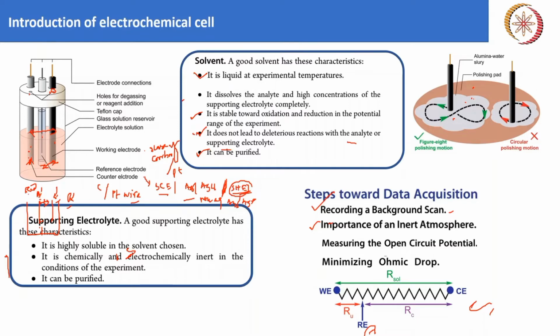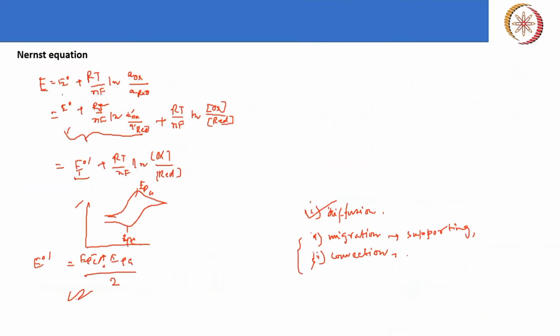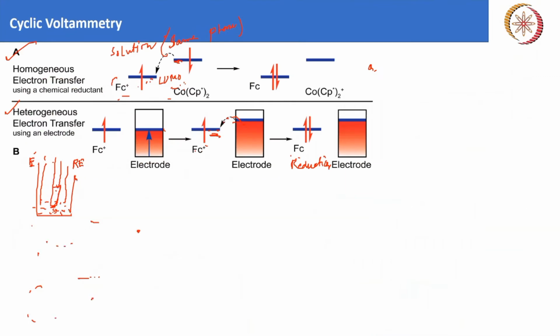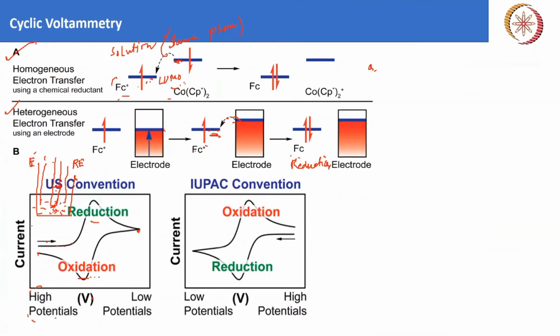Another thing is measuring the open circuit potential. I'll discuss this in the next slide also. Basically we start a scan from one point, go to some potential, and then come back, as the arrow marks show here. It starts from here, goes to this point, and comes back again to this point.